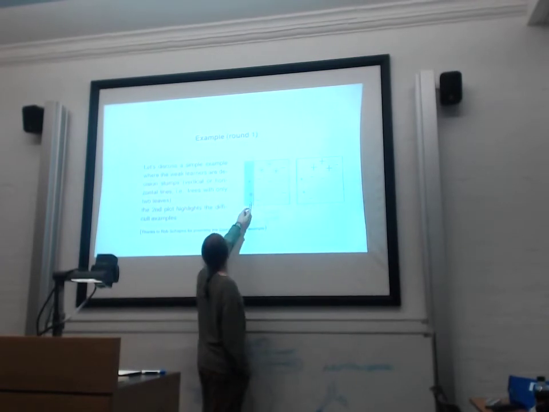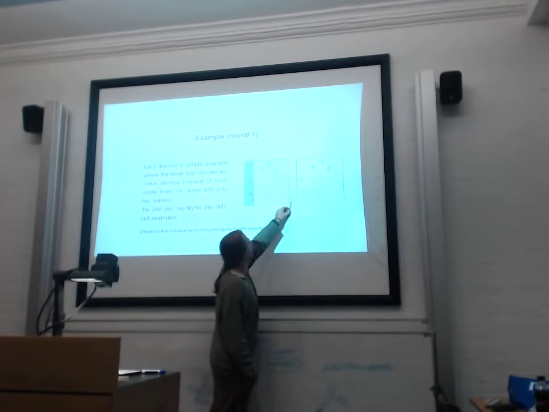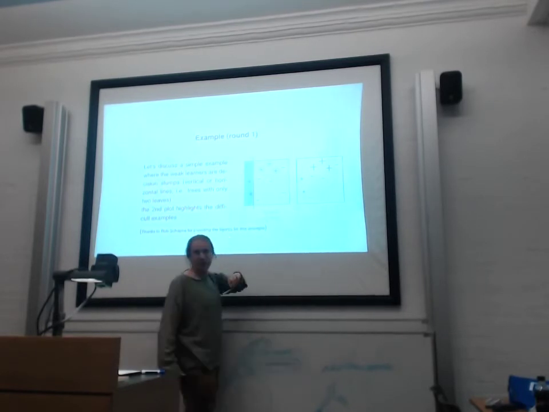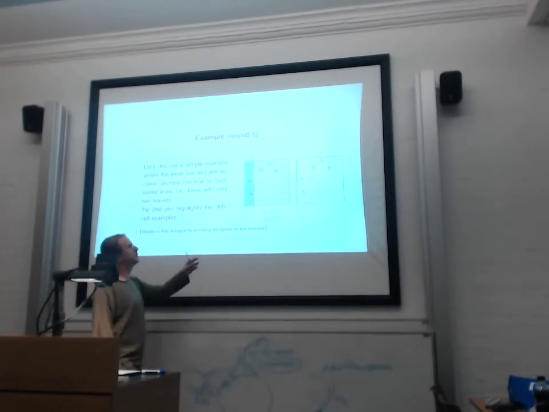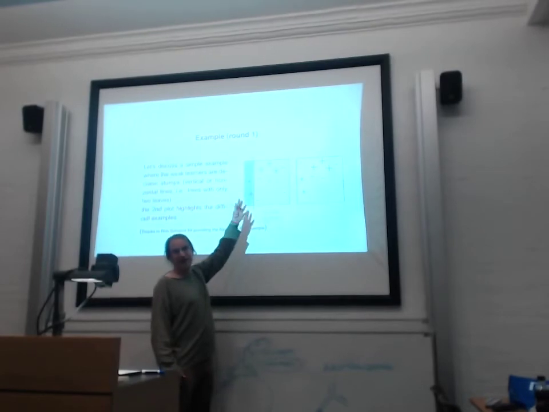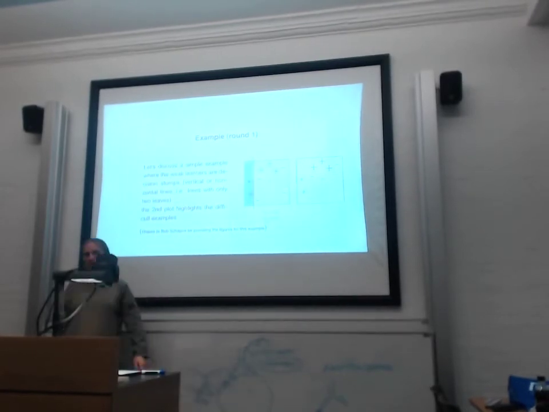As a set of weak learners, we could imagine all the possible different decision stumps which we could choose. If we have m points and d dimensions, there's something like d to the m possible weak learners.